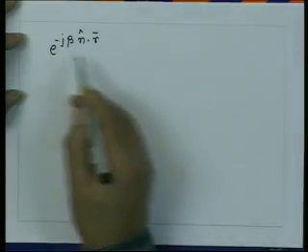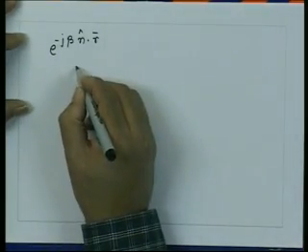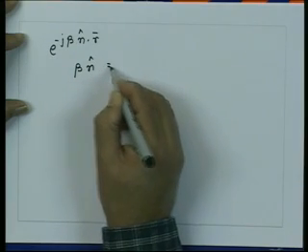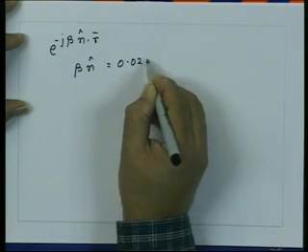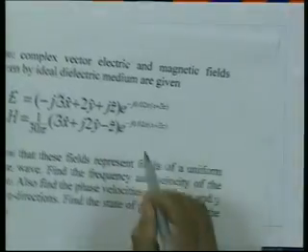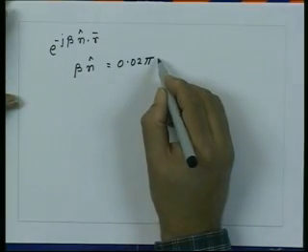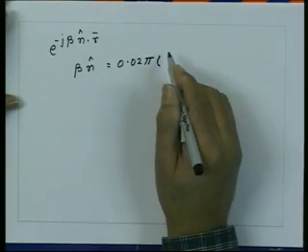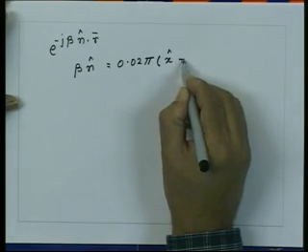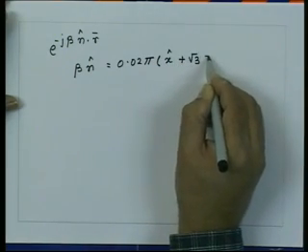If I take this quantity now, from here I will get beta into n cap, that will be equal to 0.02 pi into x cap plus root 3 into z cap.